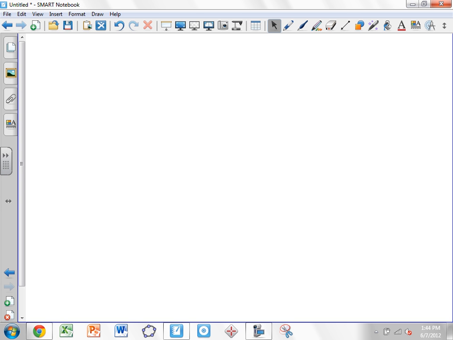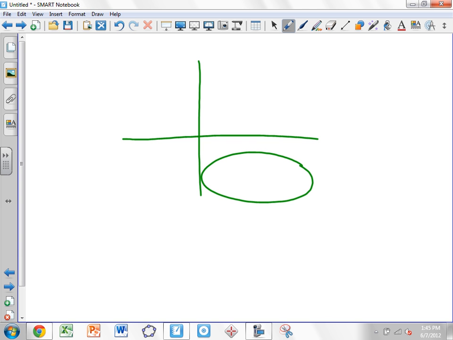Okay. So I'll give you an example of an ellipse. If we had an ellipse on a graph, and the ellipse looked like the following.